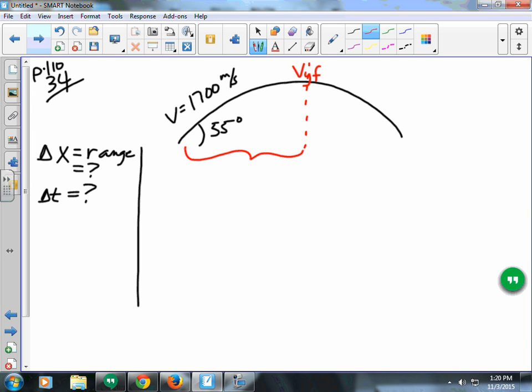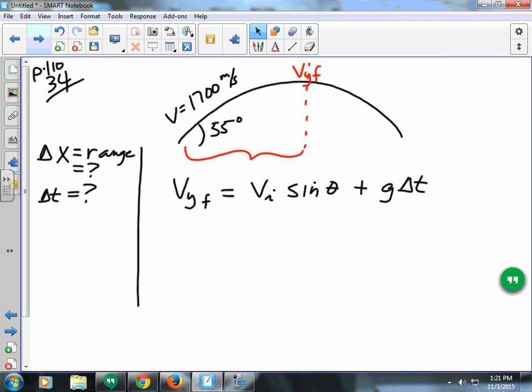So if we do that, we could solve for time with v sub y final equals v initial sine theta, that's the vertical component of velocity, plus g delta t. These are the equations on page 99 that I asked you to write on your cards.